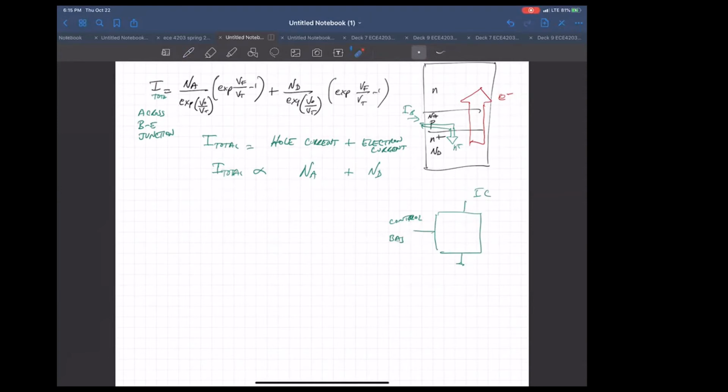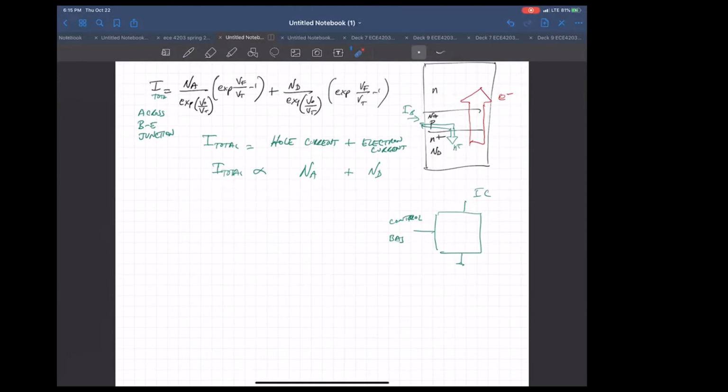You don't want to force that microphone to source a lot of current, whereas you want that output to be very high. So that's how you get a big gain out of it. A good transistor has a large collector current that's being controlled by a small base current, and you achieve that by having this difference in ND and NA.